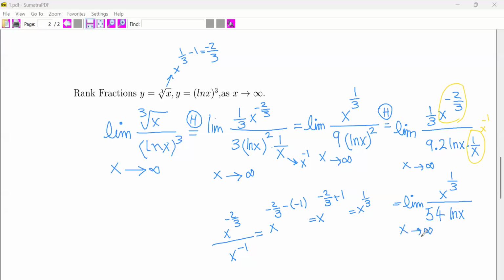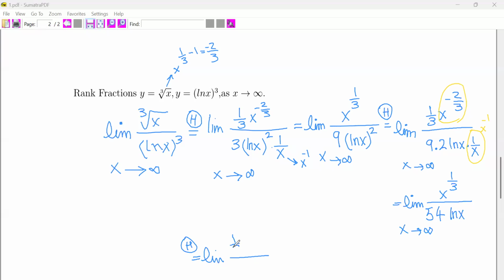Now, check it again if it is defined or if it is still undefined. So if we plug in infinity, we would get infinity over infinity again. So it will be the limit of, when we take the derivative. When it is infinity over infinity, we can use L'Hopital again.